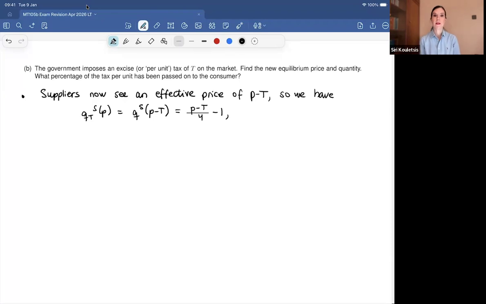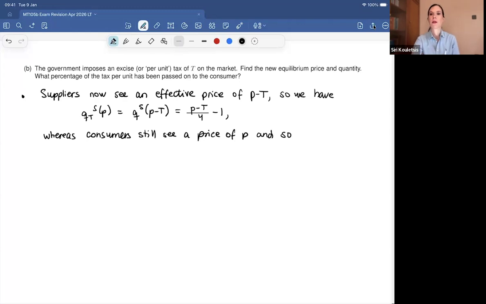Now the consumers, they still see a price of P, and so the demand equation is unchanged. And like I said, since we're doing revision here, I'm writing a little bit extra. It's a good idea to do that when you're revising.